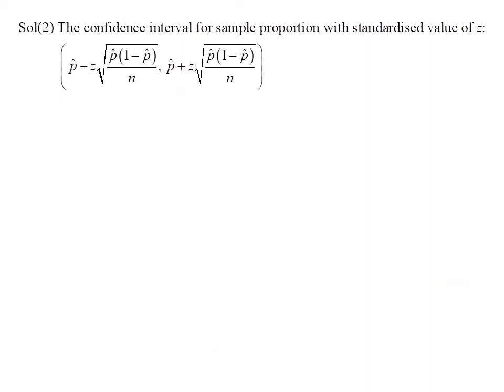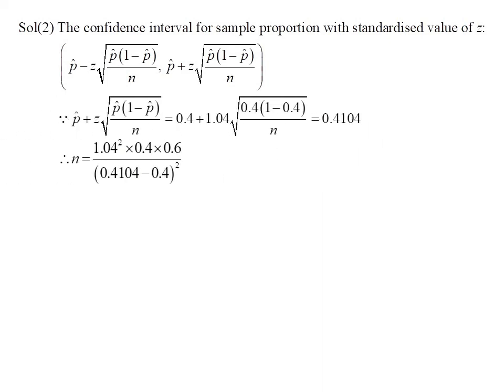According to the formula of the confidence interval for the sample proportion with standardized value of z, we can calculate the sample size n from either the upper bound or the lower bound. Based on the sample proportion diagram shown earlier, for the probability of 0.7, the value of the upper bound is 0.4104 and the value for the lower bound is 0.3896.